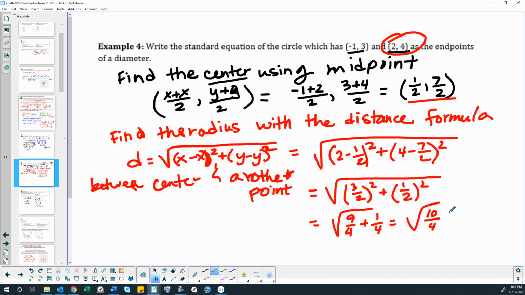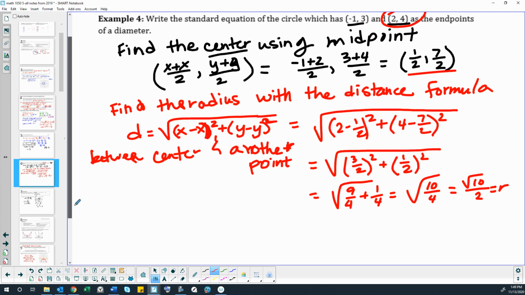And the square root of the 4 on the bottom is 2. So it would be the square root of 10 over 2. That's kind of an ugly r value, but we'll go with it. Who said the numbers had to be pretty, right?